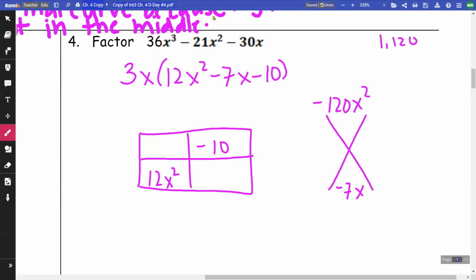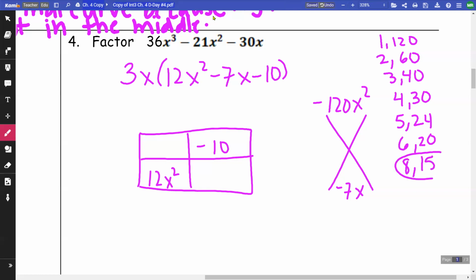So 1 and 120, 2 and 60, 3 and 40, 4 and 30, 5 and 24, 6 and 20, 7's not going to go into that. 8, 120 divided by 8 is 15, and that's actually going to be our answer.